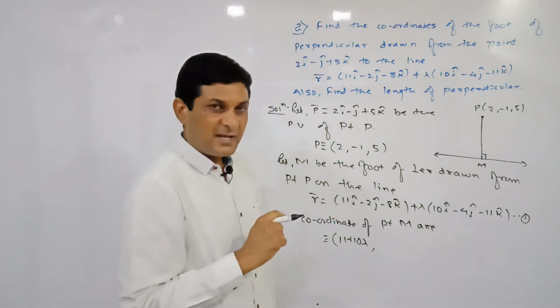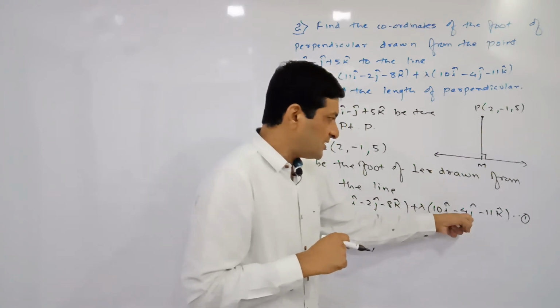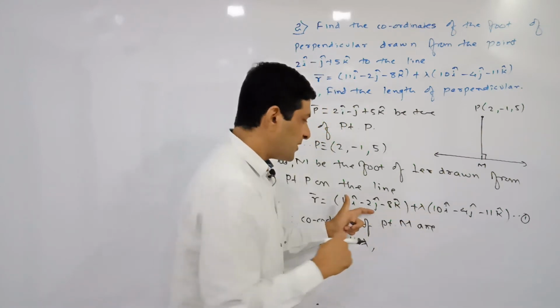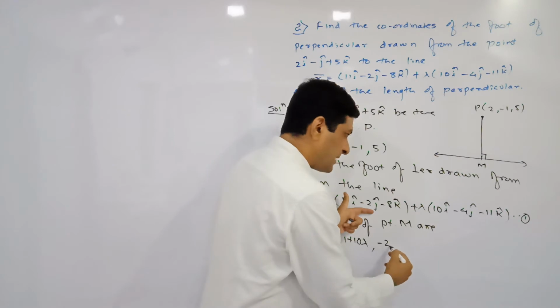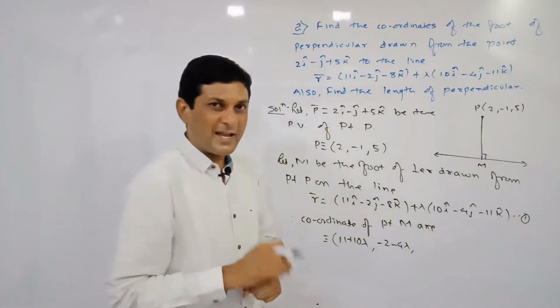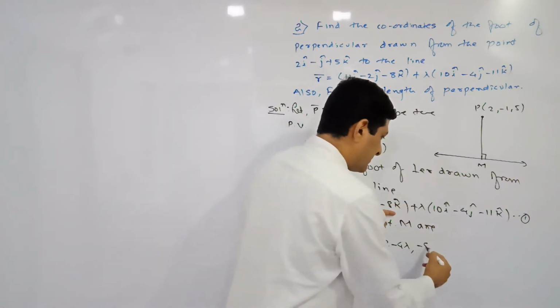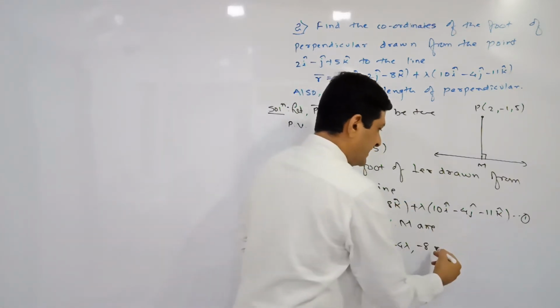Now collect the terms of j cap, minus 2j and minus 4 lambda j. If we collect these two terms, we get minus 2 minus 4 lambda, which is the y coordinate. And the z coordinate is minus 8 minus 11 lambda.